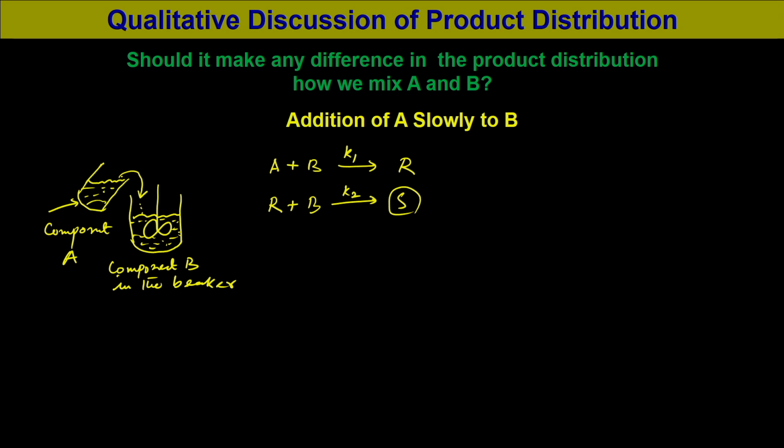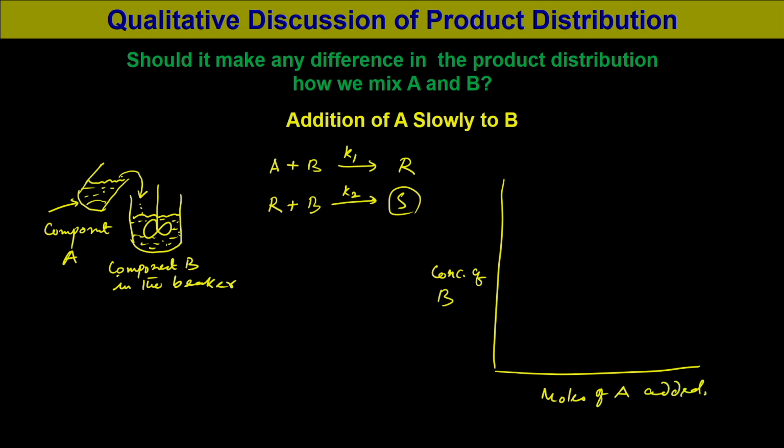So, the concentration profile in this case would be like this. So, concentration of B versus moles of A added. Initially, as a small bit of A is added, B will be used up, and finally all the B will be used up.